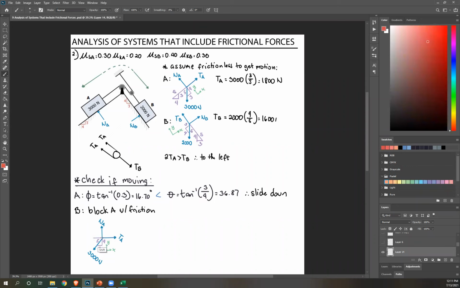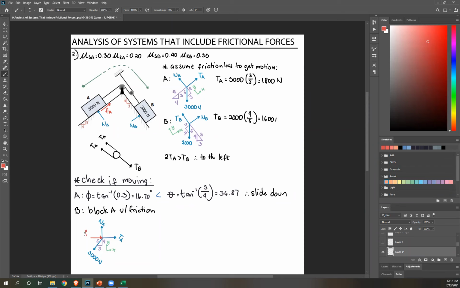So once again, this free body diagram is the same, except there's friction. Again, this is to the left, so the motion of this is to the left, and friction is always opposite that. So friction would be this way. That's your FA, so here, that will be this way.